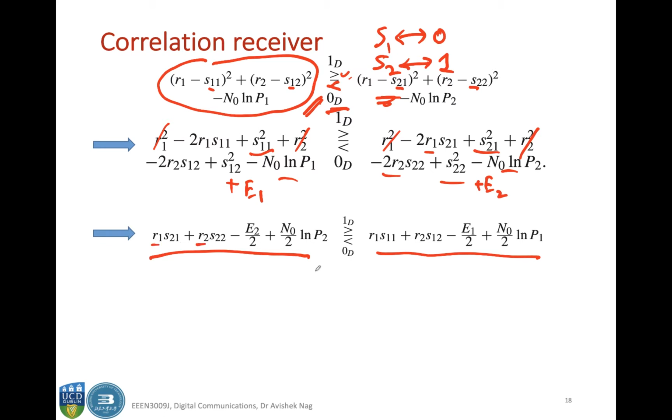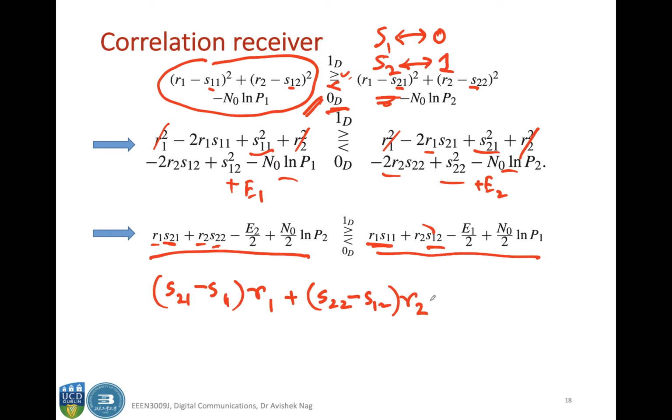If you further simplify, bring everything to one side and collect the coefficients, then if you bring R1 S11 to this side, you will get S21 minus S11 times R1, plus, since you have S22 here, if you bring this term to this side, minus S12 times R2.